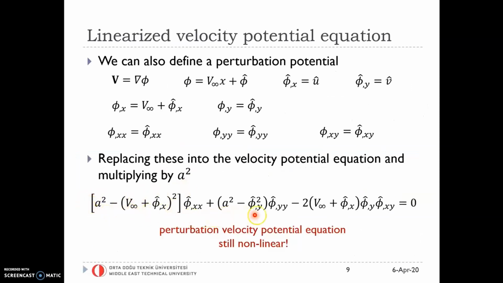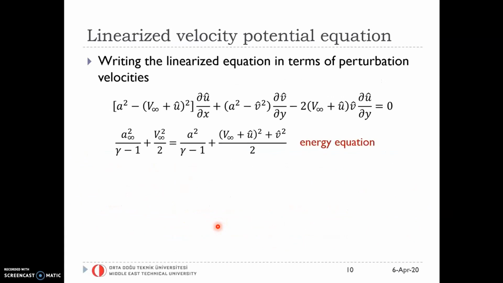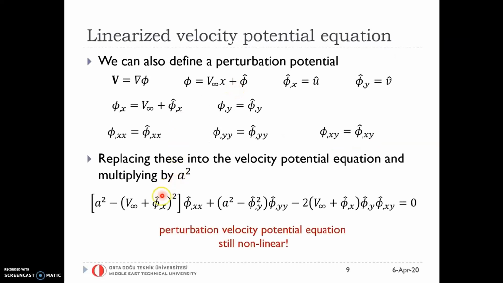If you do so, this is the resultant equation you will get. It is now in terms of perturbation velocity potentials, but it's still non-linear; we haven't linearized it yet. Let's take a couple of steps forward and write this equation in terms of perturbation velocities.